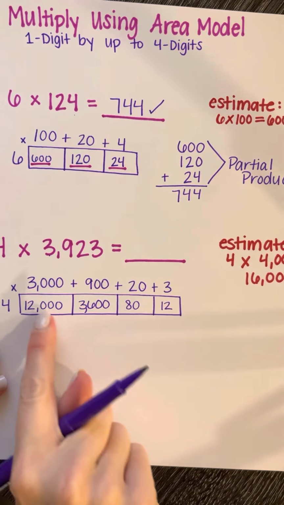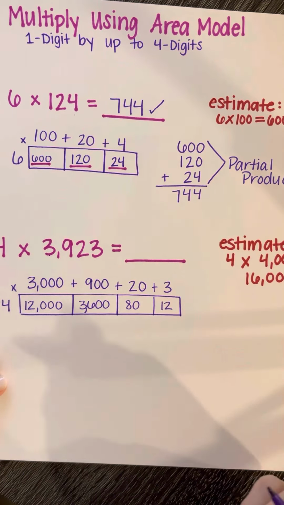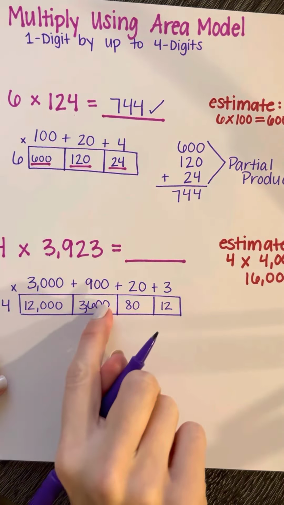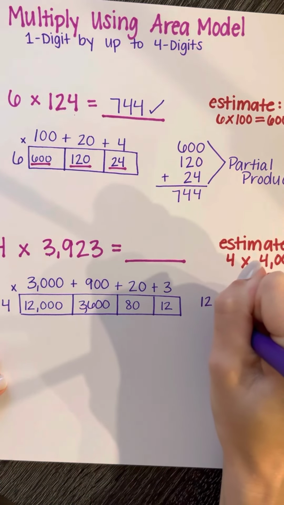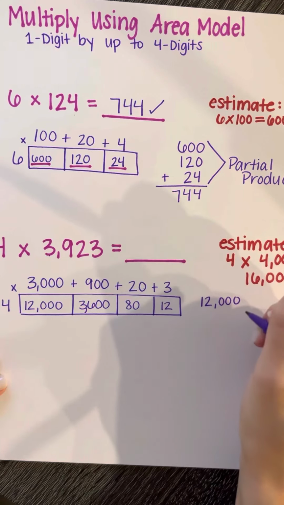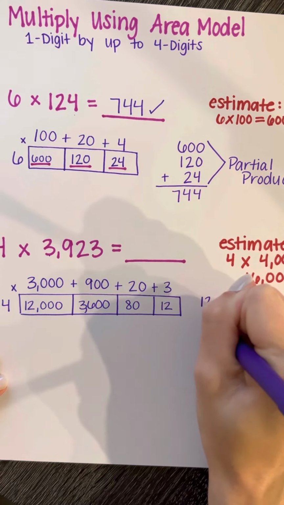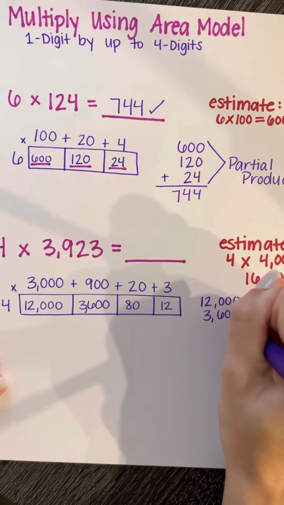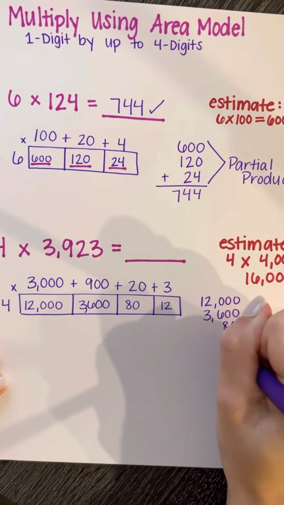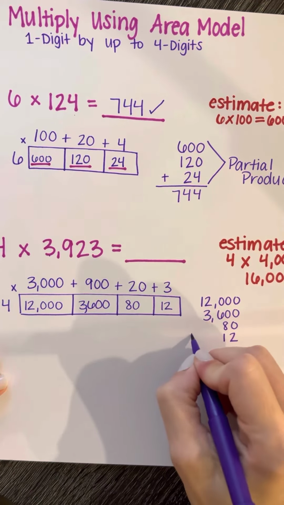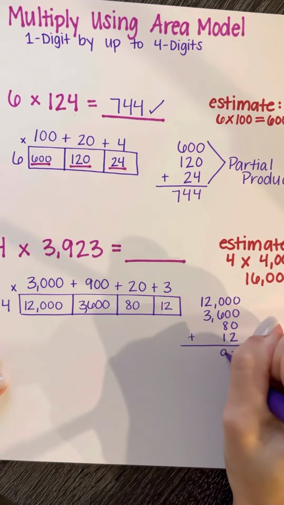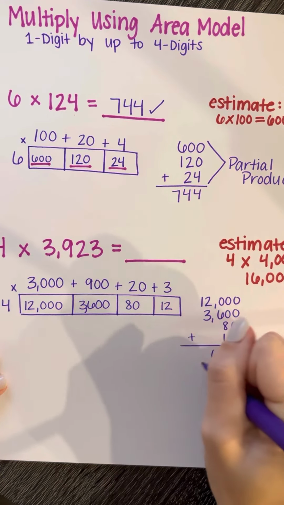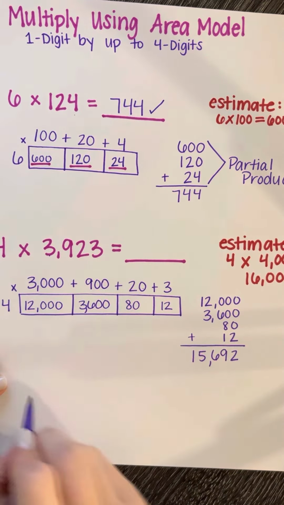So now we have all of our boxes filled in, so we are good to add all 4 of these partial products together. If we are lining them up correctly by place value, we will get the whole product of 15,692.